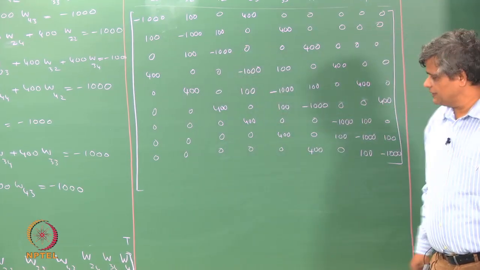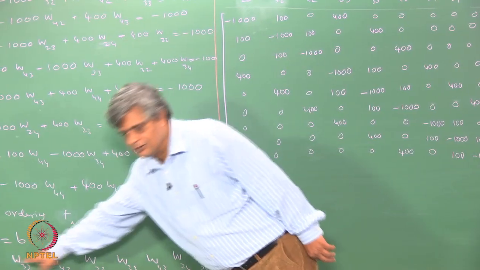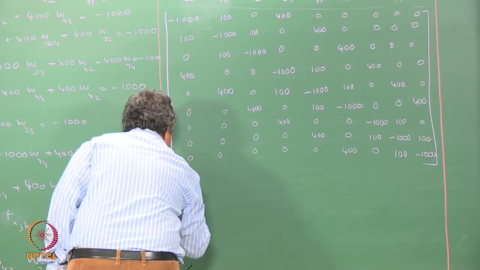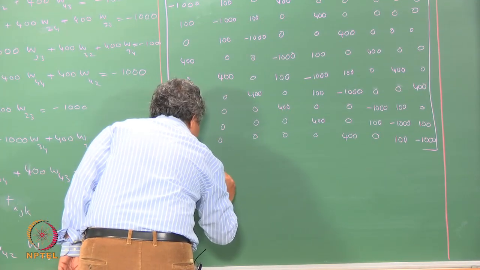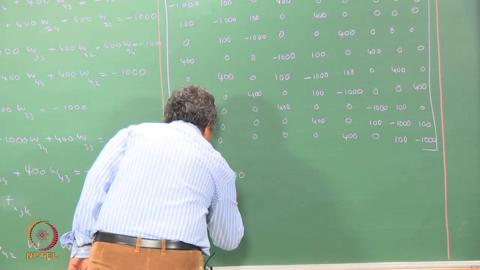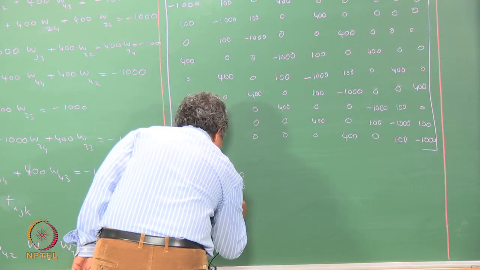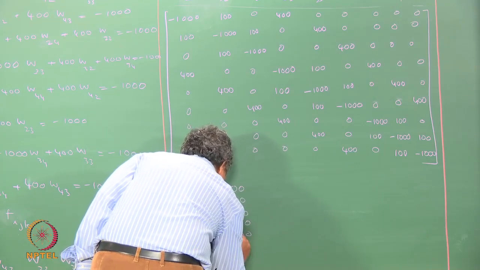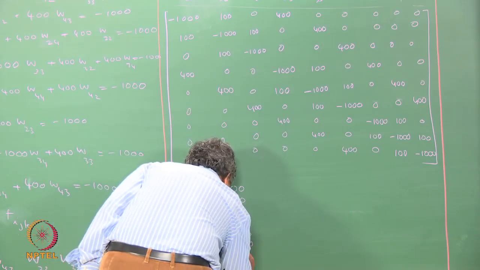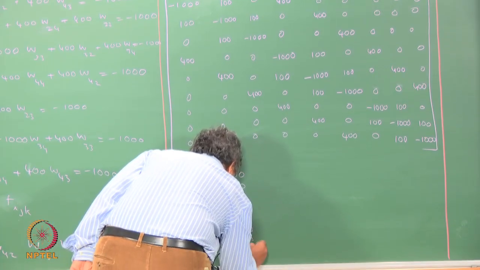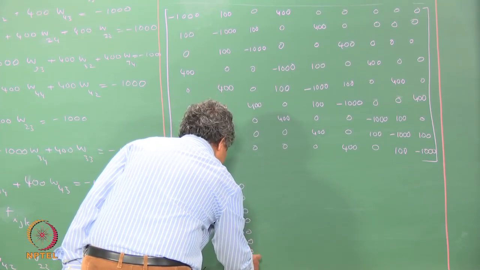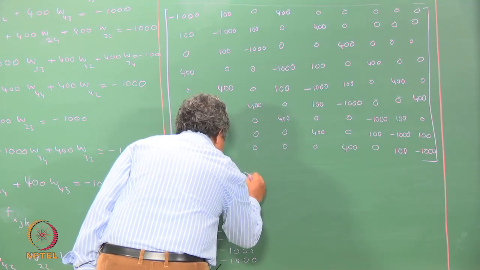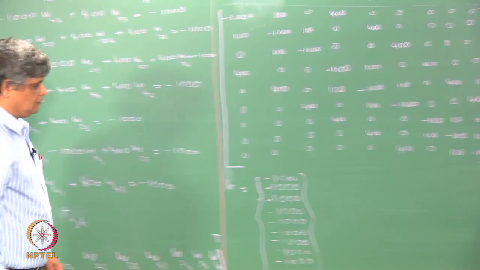So this is our coefficient matrix. We have the variable matrix W, which is a column vector, and then B happens to be minus 1000, minus 1000, and so on for the 9 entries.